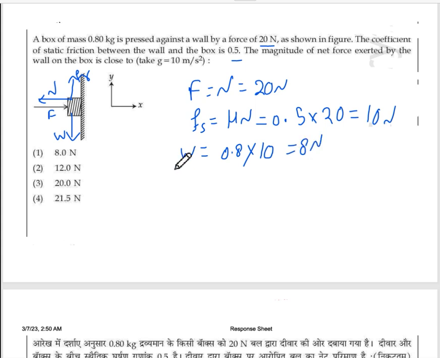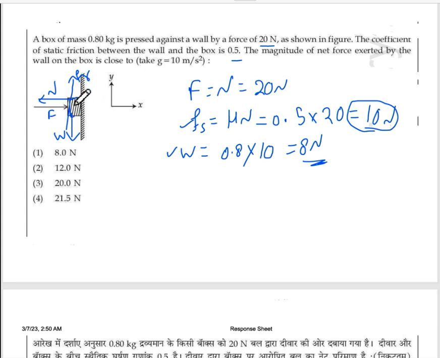If you look here, the weight is less than the frictional force. The maximum static frictional force is 10 newton, but in this case the frictional force applied is only 8 newton, because to balance the object at rest.